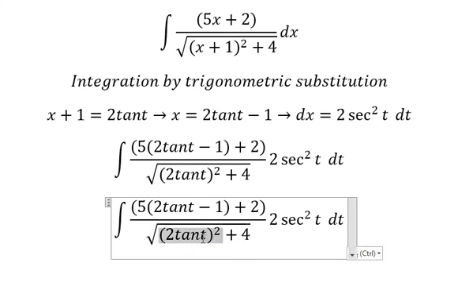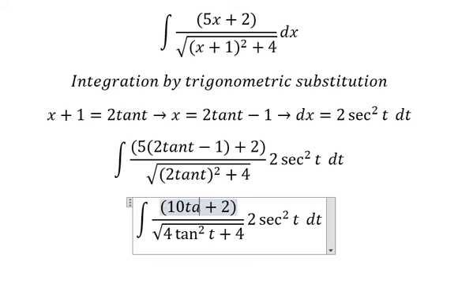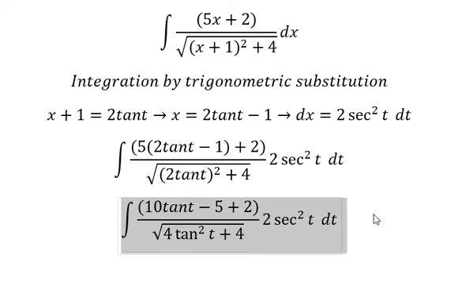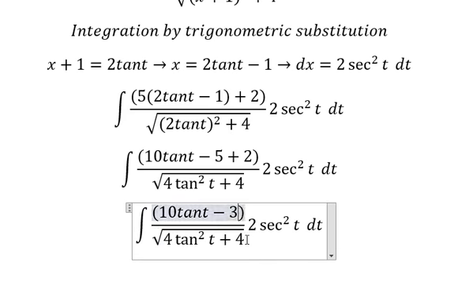So this one you get about 4 tan t square. This one you will get about 10 tan t minus 5. Negative number 5 plus 2, you get about negative number 3.